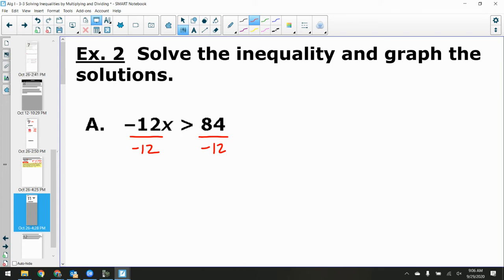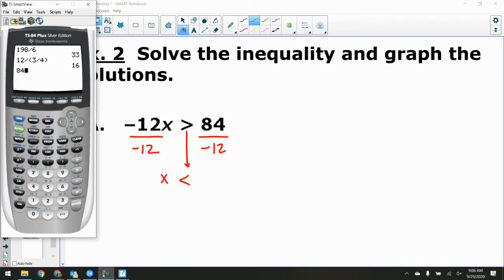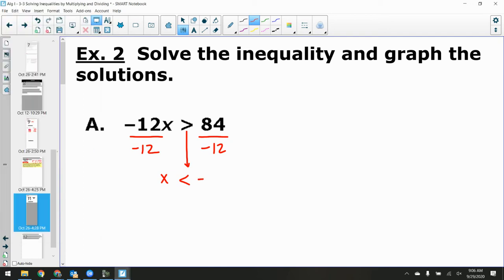Now, when I divide by a negative, does my symbol flip? Yes, the symbol flips here. I'm moving the negative, so this greater than turns into a less than. Let's take 84 divided by negative 12. That's negative 7. So x is less than negative 7.